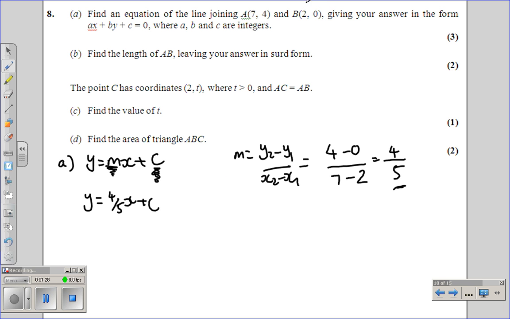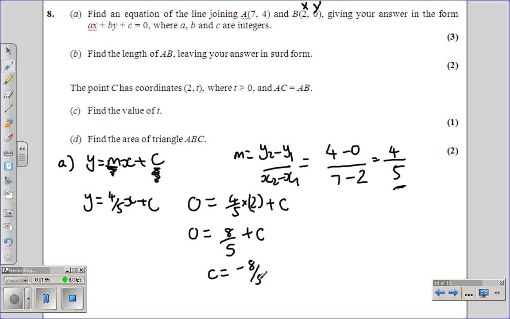So if x is 2 and y is 0, substituting that in, we get 0 equals 4/5 multiplied by 2 plus c. So 0 equals 8/5, remember, it's just the 2 times the 4, not the 5, plus c. So c equals -8/5.